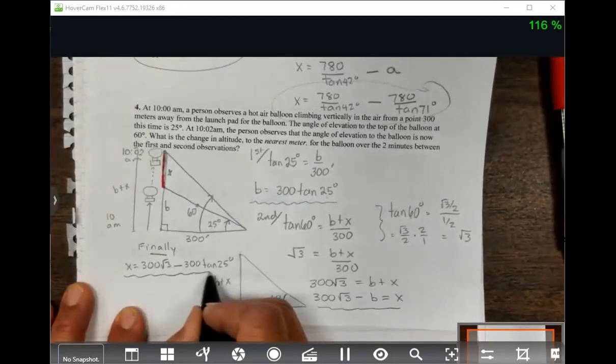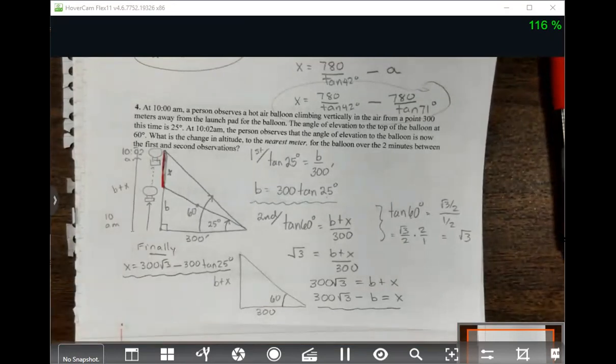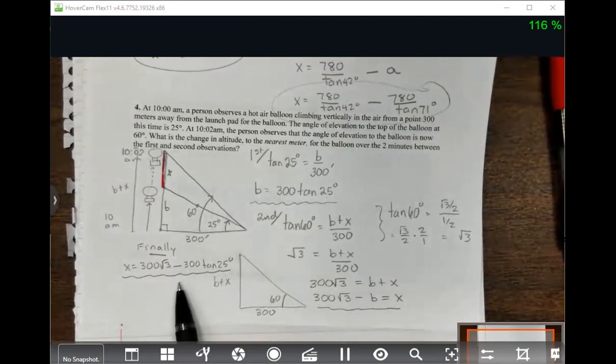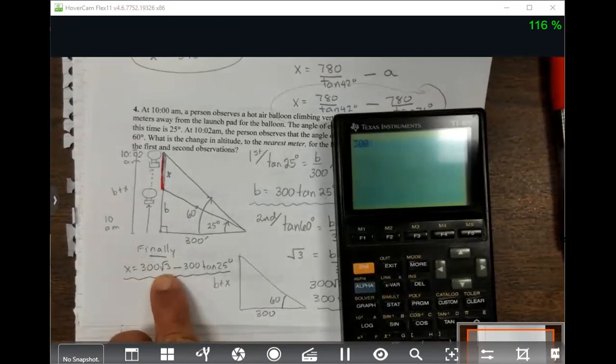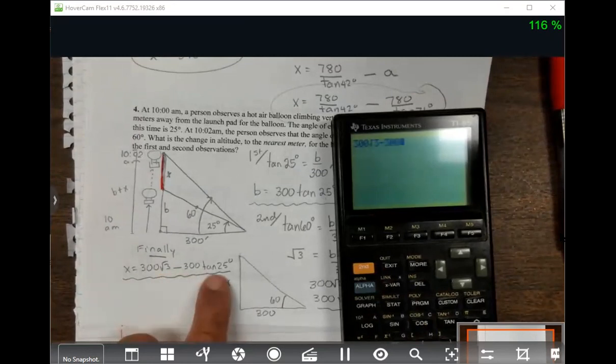So that's where you'd leave it on a test. But for this one, we want the value to the nearest meter. So here's what I last wrote. Now I'm going to enter that in the calculator: 300 square root of 3 minus 300 tangent of 25 degrees.